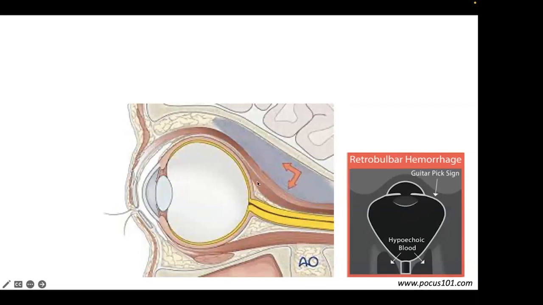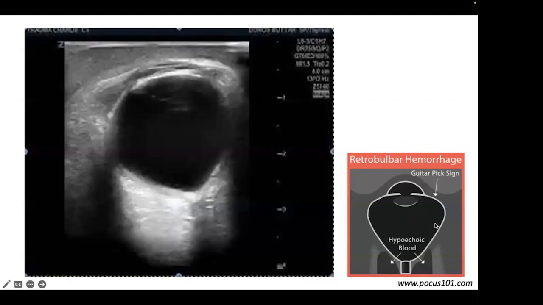Because of pressure on the posterior portion of the eye, it can cause disfiguration of the posterior portion of the eye, appearing as a triangle or what they call a guitar pick, such as in this caricature here on the side. And here's an ultrasound example of this. You have a triangular shaped portion of the posterior part of the globe representing retrobulbar hemorrhage.